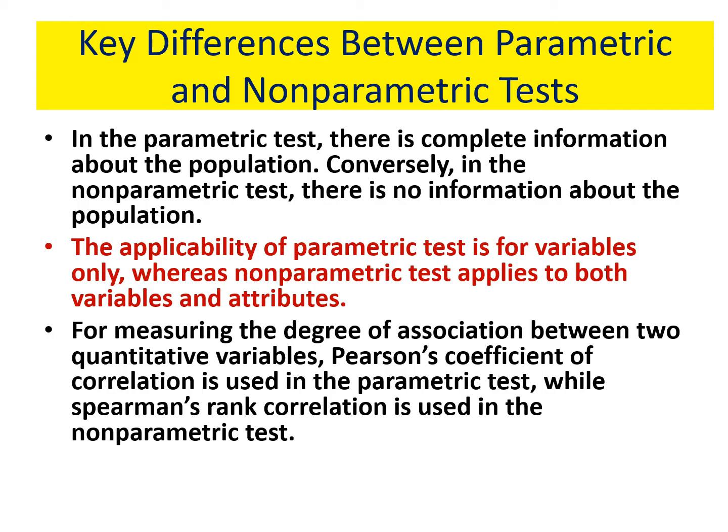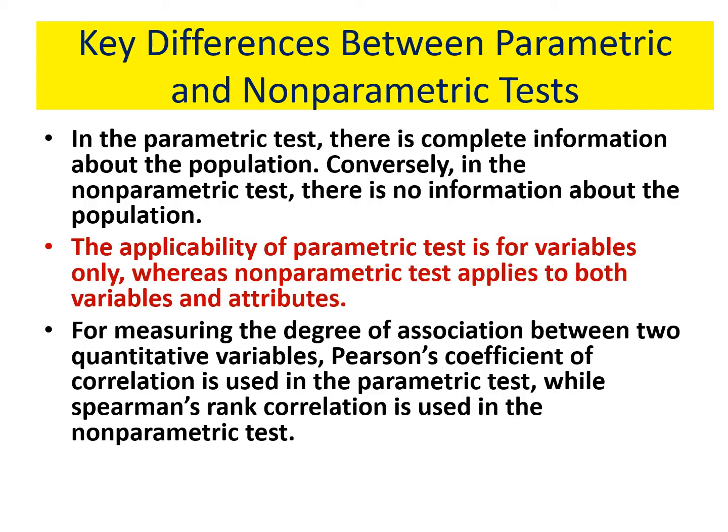Other key differences between parametric and non-parametric: in the parametric test, there is completely known information about the population. Conversely, in the non-metric test, there is no information about the population.